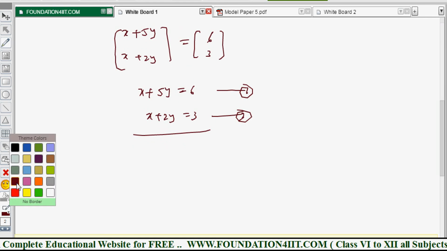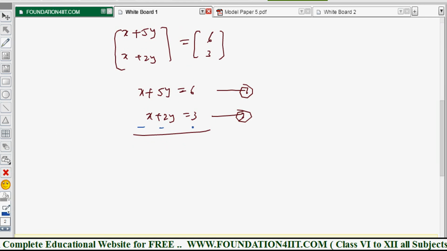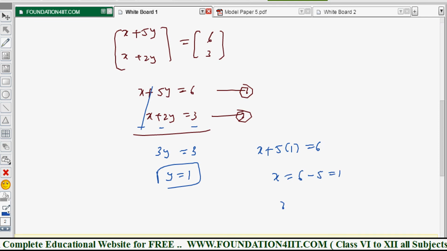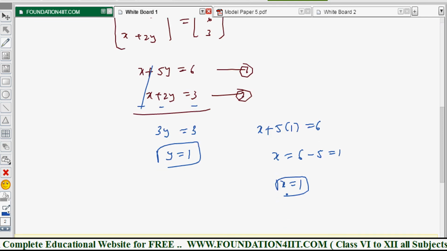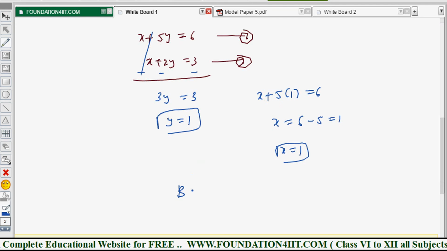Subtracting the two equations, x minus x cancels, and 5y minus 2y gives 3y equals 3, so y equals 1. Substituting y, x plus 5 into 1 is equal to 6, so x is 6 minus 5, that is 1. So x is 1 and y is 1. Therefore matrix B is x, y, that is 1, 1.